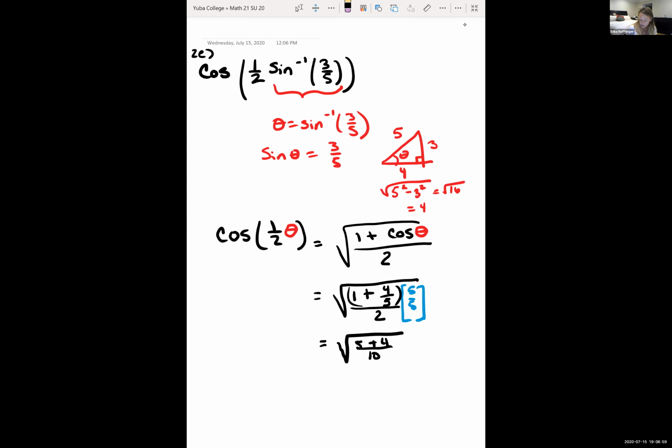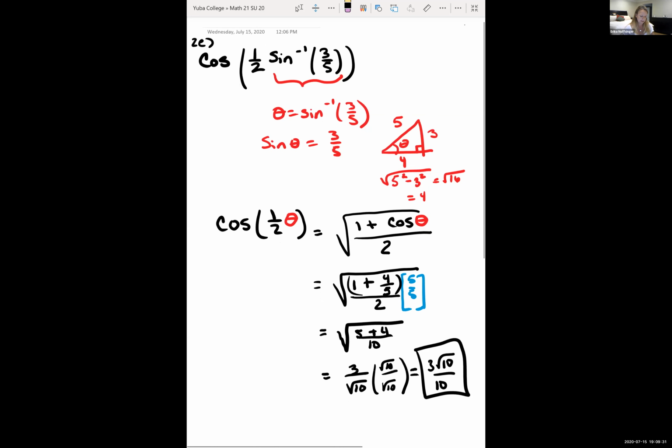So this is the square root of 9 in the numerator, which is just 3, all over the square root of the denominator, 10. Don't like radicals in the denominator, so quickly rationalize it, multiply both top and bottom by square root of 10, so we get 3 root 10 all over 10. So that was 5 points.